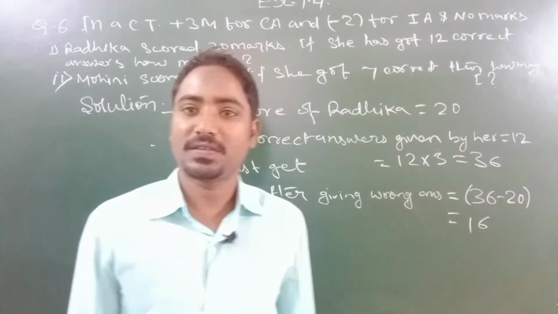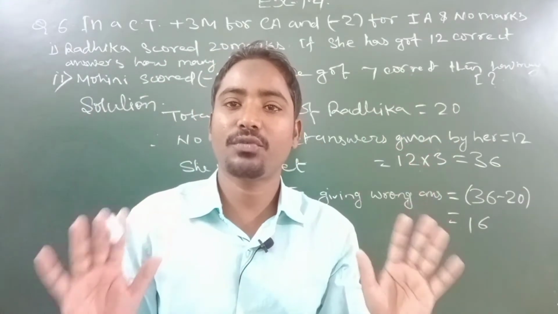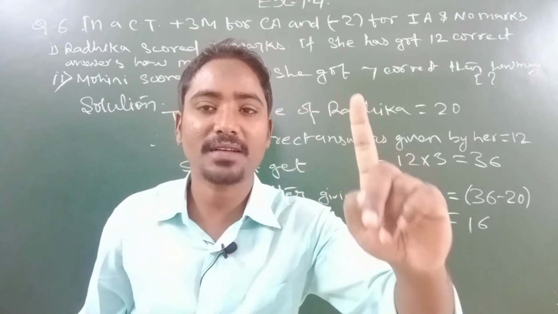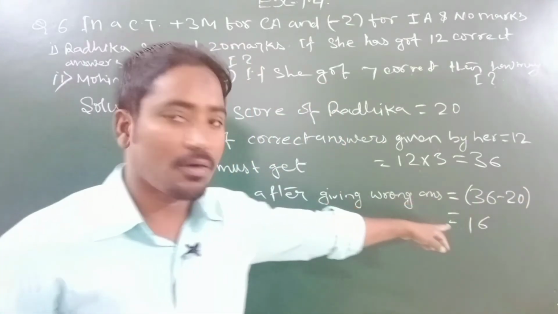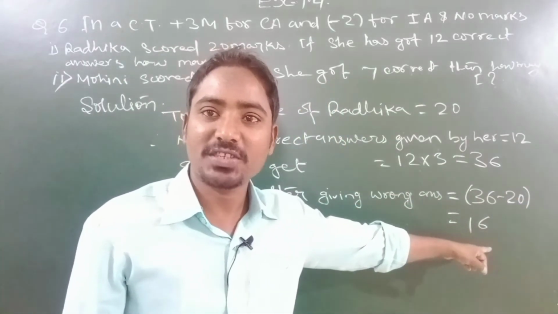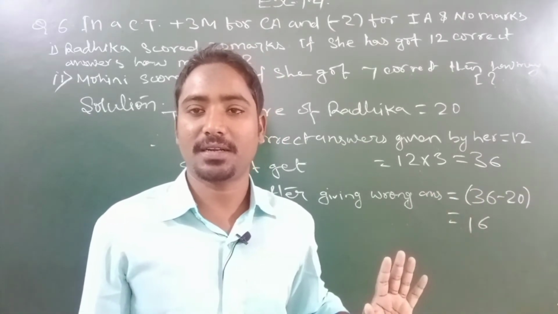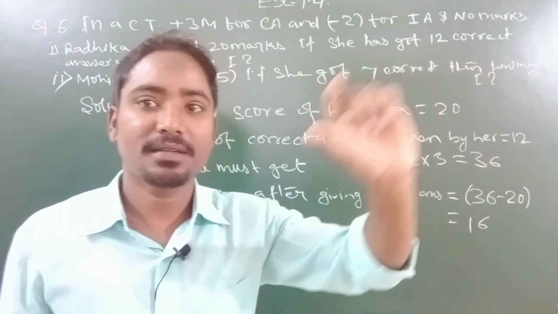It means her 16 marks are deducted for giving wrong answers, and we know that for giving one wrong answer 2 marks are deducted. In total 16 marks have been deducted. So how many wrong questions have been attempted by Radhika?